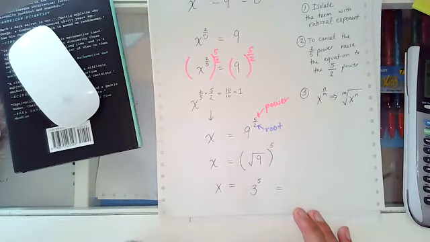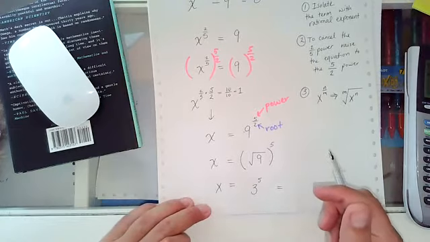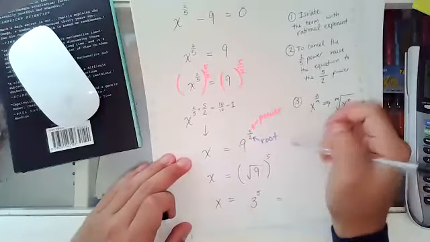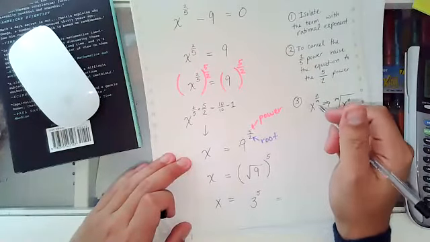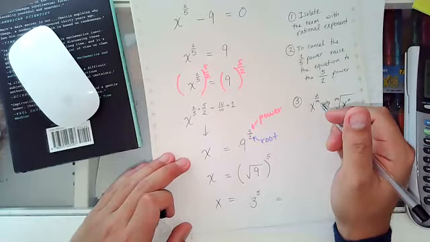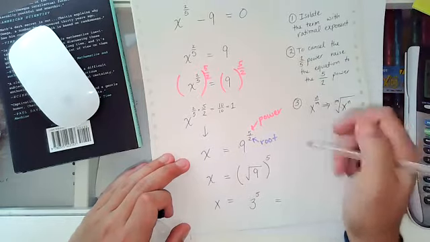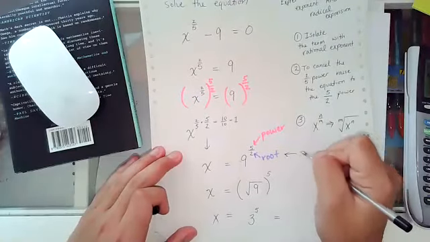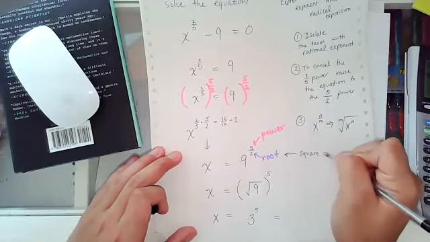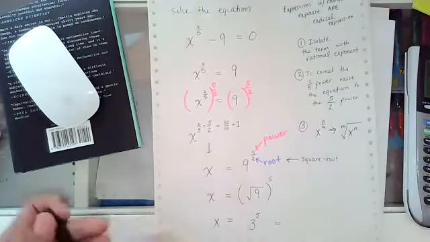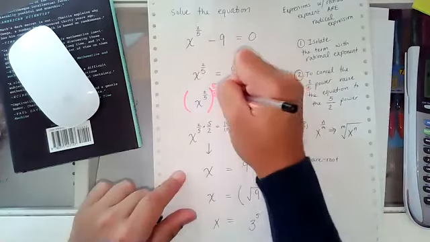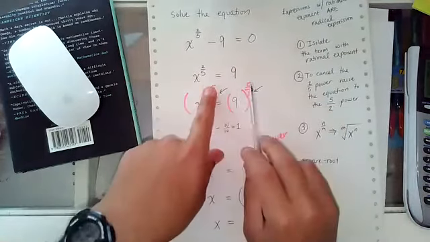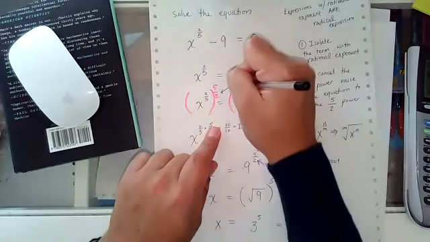However, there is one consideration that we have to take here. And that is, we're taking a square root. So basically, right here, when we applied the 5/2 power, we're applying a 5th power and a square root.